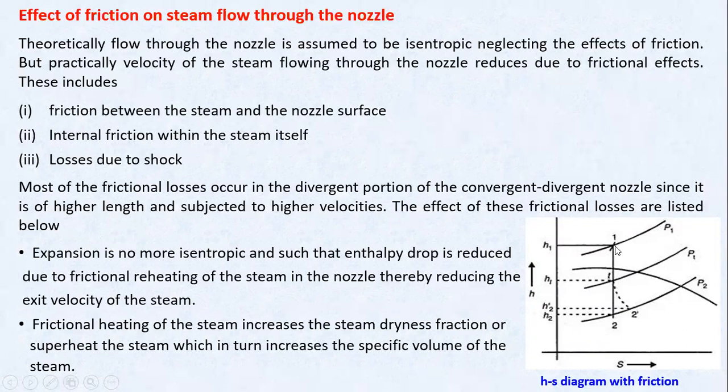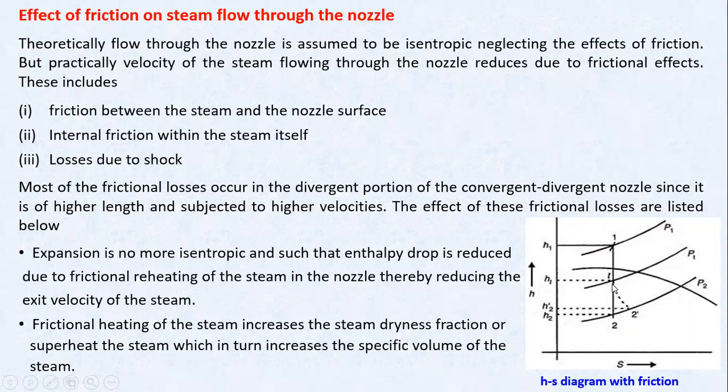Here, 1 to T is the expansion of the steam from nozzle entry to throat. There will not be much loss here because the convergent section is very small.